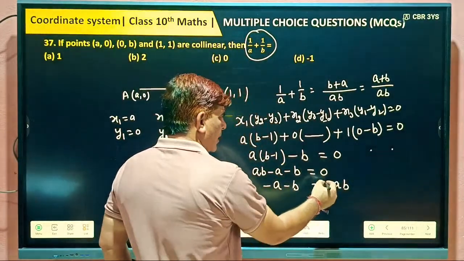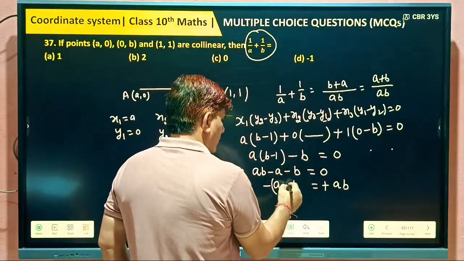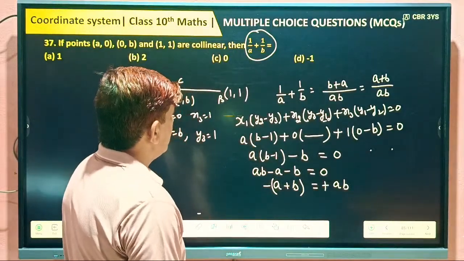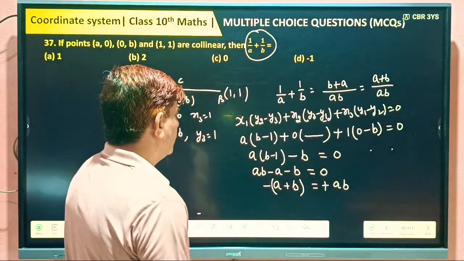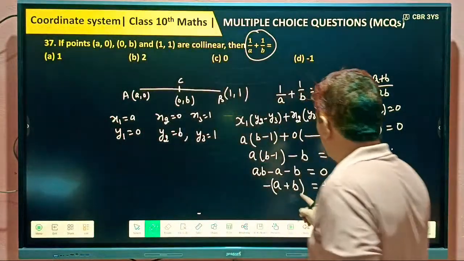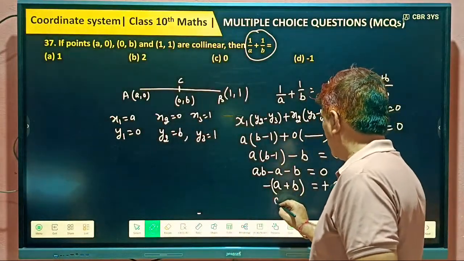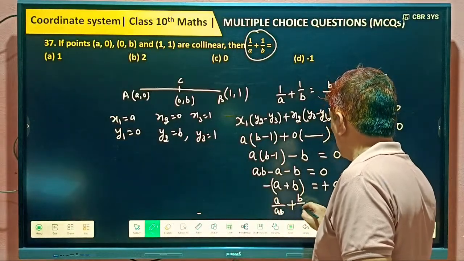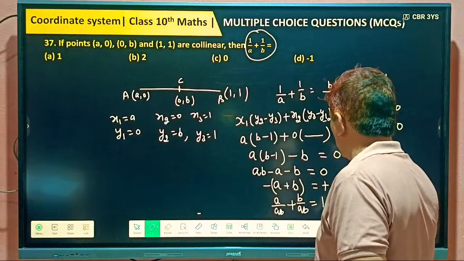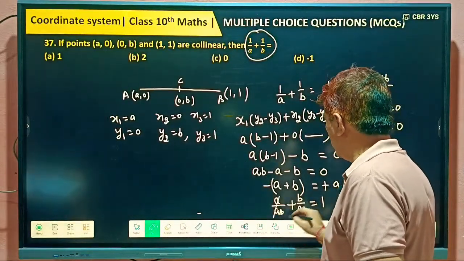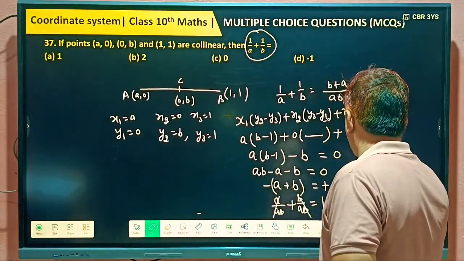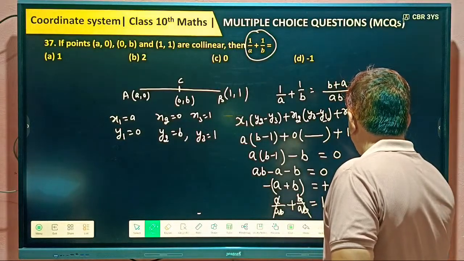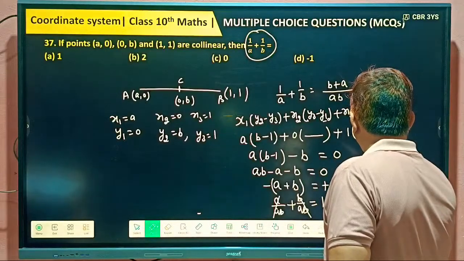Transfer this to that side, minus cancels minus, so this becomes plus. Understood? Then we will divide this by AB. So it becomes A by AB plus B by AB equal to 1. This cancels, this cancels, which implies 1 by A plus 1 by B equal to 1.